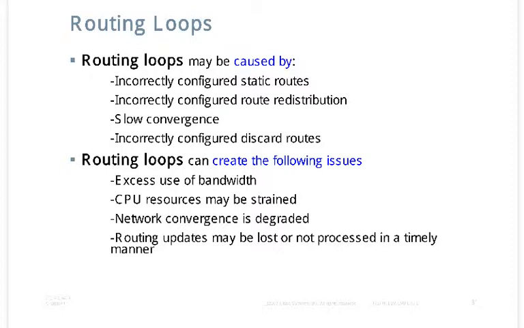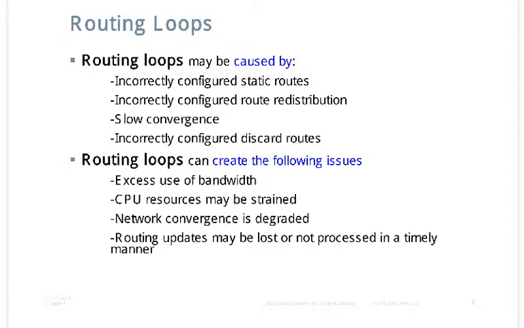Incorrectly configured discard routes. Also, this is part of the example that we just talked about. If any destination network goes down, the fact that you propagate this change has to be done in a careful way.